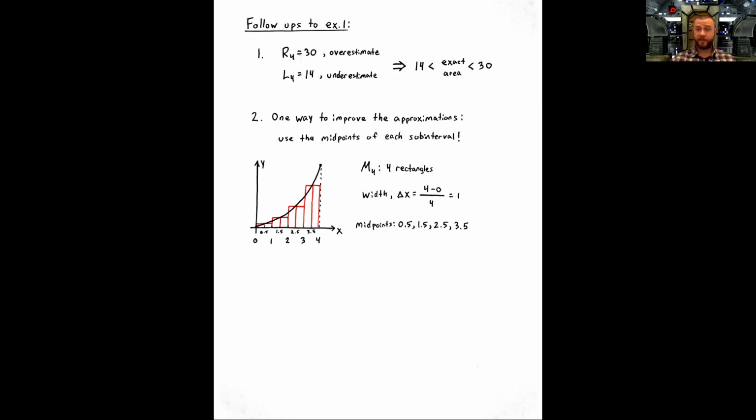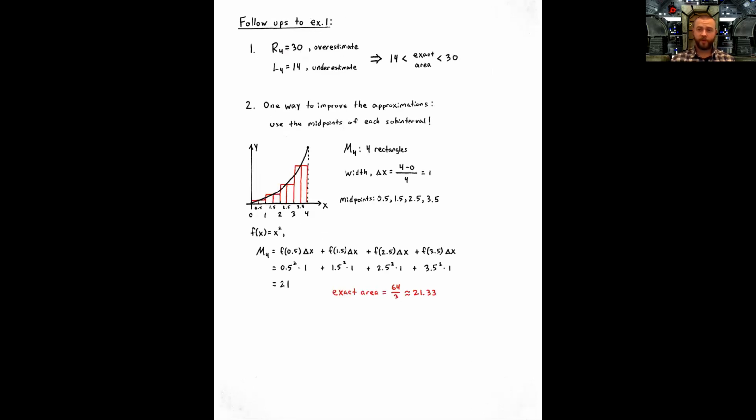If you calculate the midpoint approximation here, the only thing that changes is the coordinate for each subinterval where you're determining the height, which are now 0.5, 1.5, 2.5, and 3.5. We still plug those into the function x squared. It's a little bit harder since we're squaring decimal values.